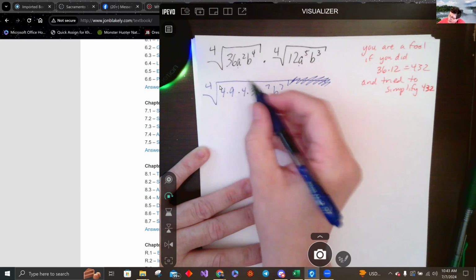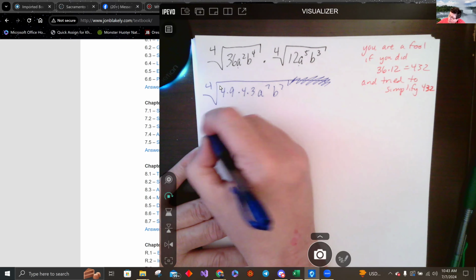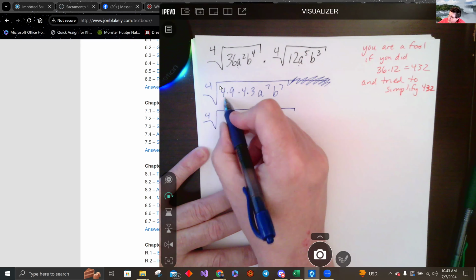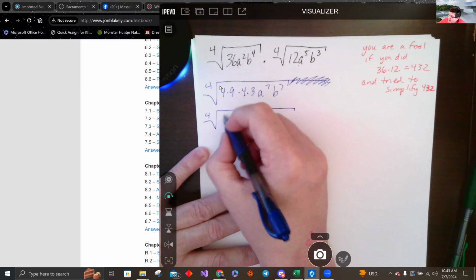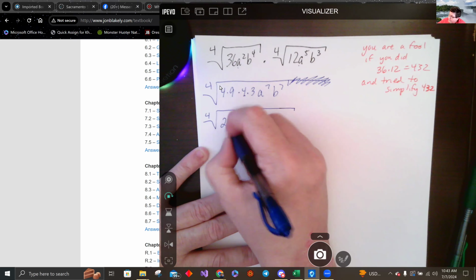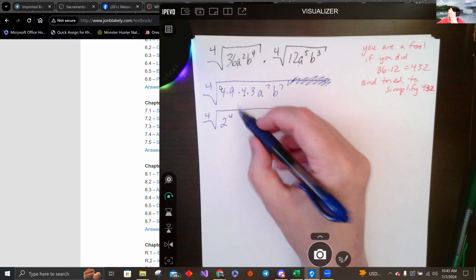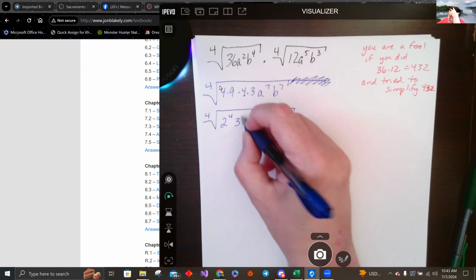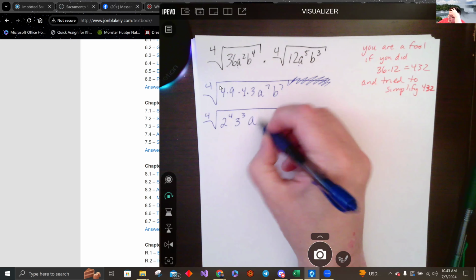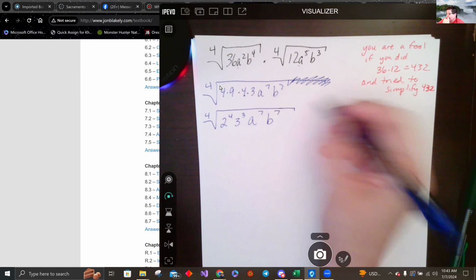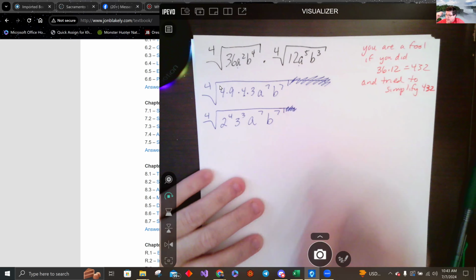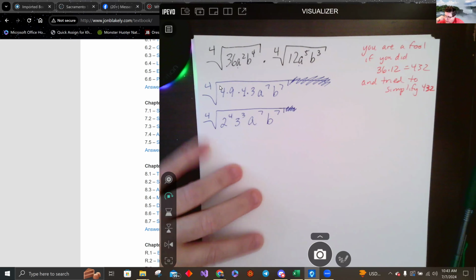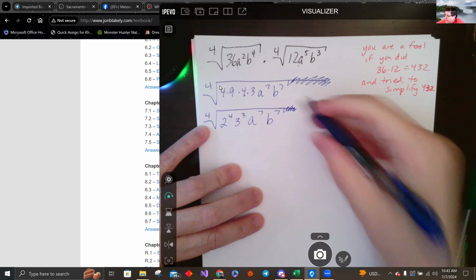And now I'm going to split this up a little bit more. 4 is 2 squared. So I've got another 2 squared. I've got 2 to the 4th power. 9 is 3 squared. I got another 3. This is 3 cubed. A to the 7th, b to the 7th. Now I'm looking for powers of 4.